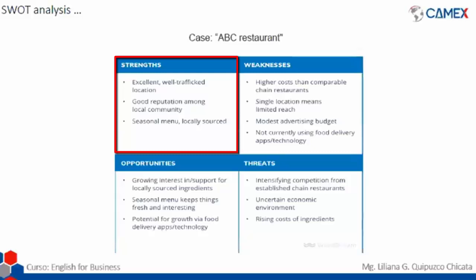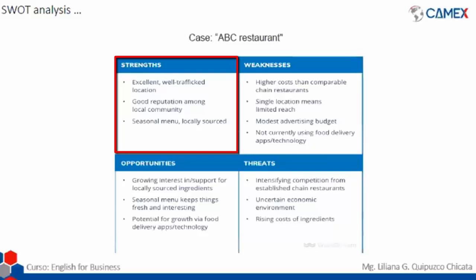Another strength would be a seasonal menu, locally sourced. For example, if we are talking about a Peruvian restaurant, it means that we will have a seasonal menu. In this case, we will have not only regular international food, but let's say, seafood.